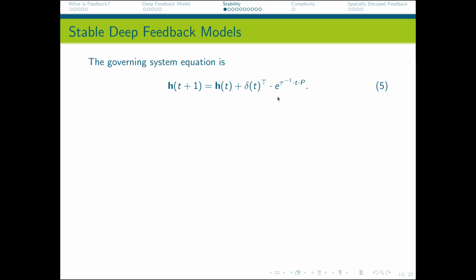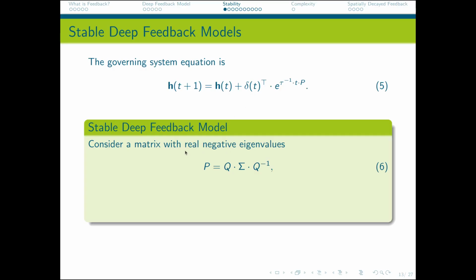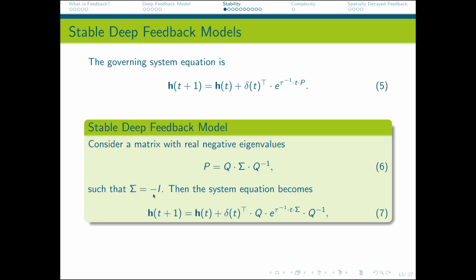To make sure that these models are stable, we are going to define a matrix P with real negative eigenvalues. So you're going to perform the eigendecomposition of P into a matrix Q of eigenvectors, a matrix sigma whose diagonal is going to be the eigenvalues, and the inverse of Q. We set sigma such that it is the negative of the identity matrix, and our system equation becomes h plus the neural network dot product with Q. We exponentiate only the eigenvalues because this is something that you can do, and we also multiply it back to the original space.